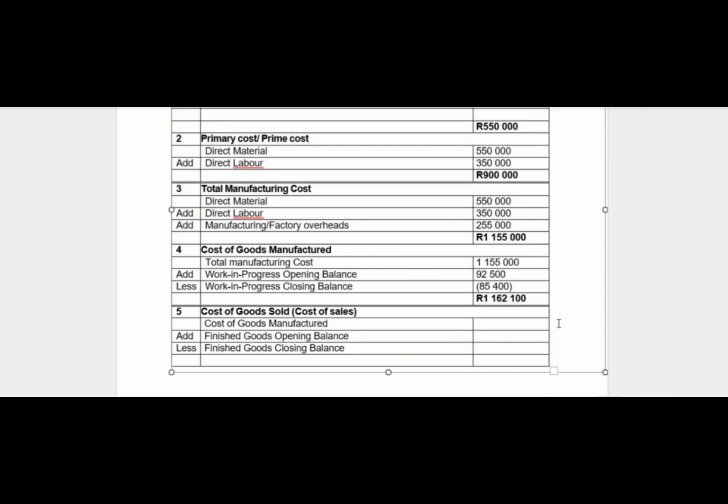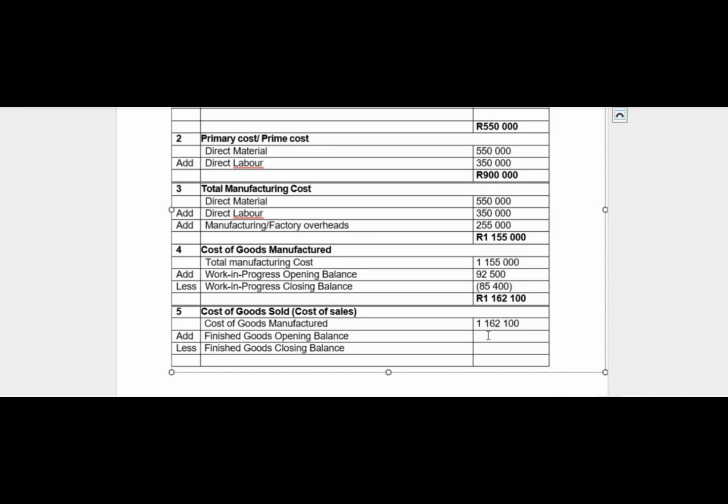And then after that, we are going to calculate the cost of goods sold. Remember, for us to calculate the cost of goods sold, we also need cost of goods manufactured. And our cost of goods manufactured is the one that we just calculated, 1,162,100.